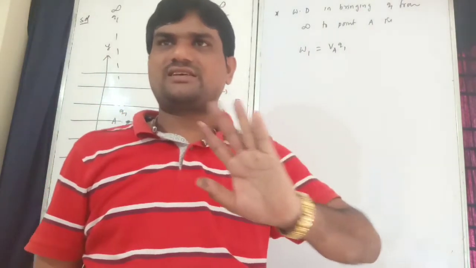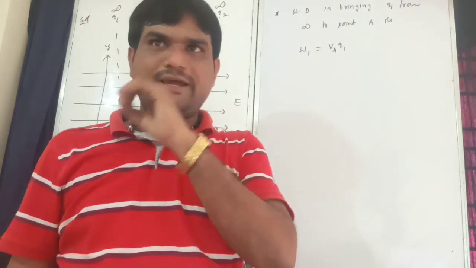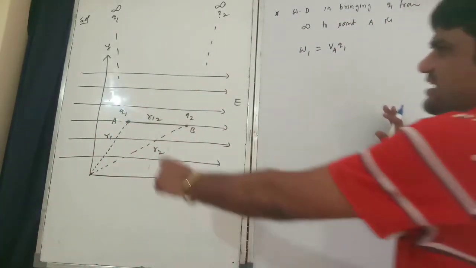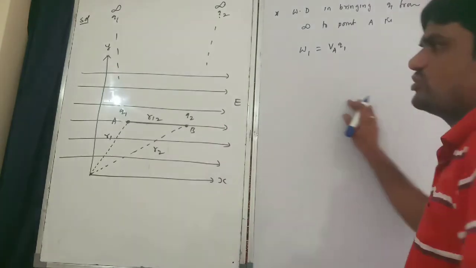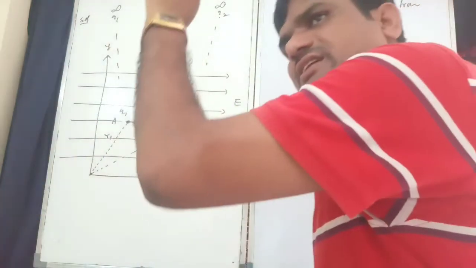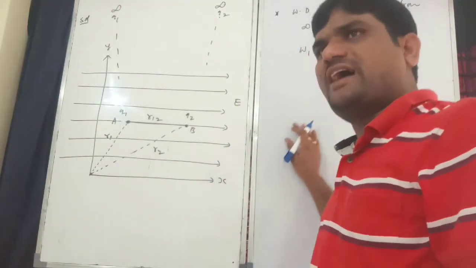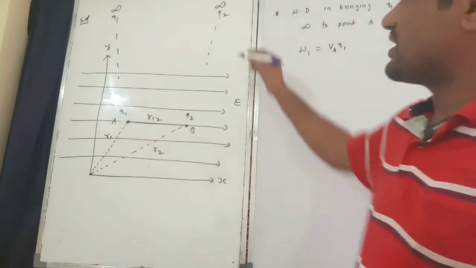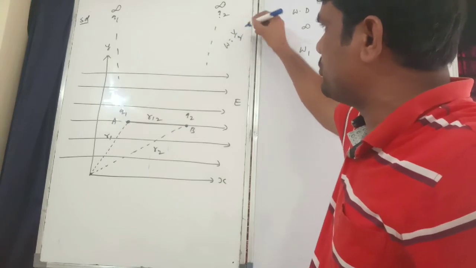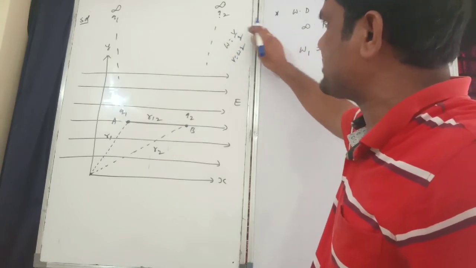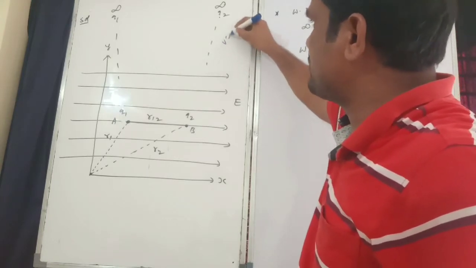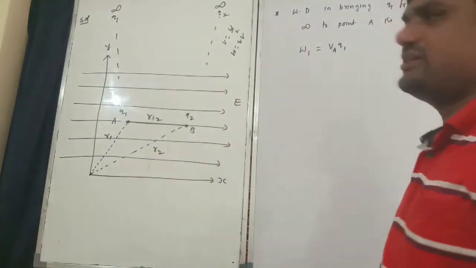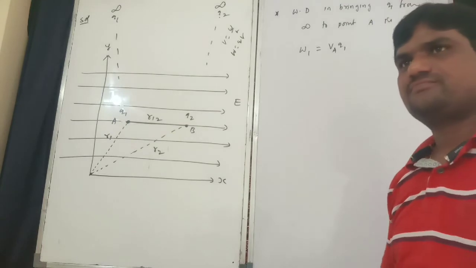So this is not equal to 0, so something will be there. Why? Because here VA is the potential at A. So the potential formula is V is equal to W by Q, so W is equal to V into Q. VA into Q1. Finish.